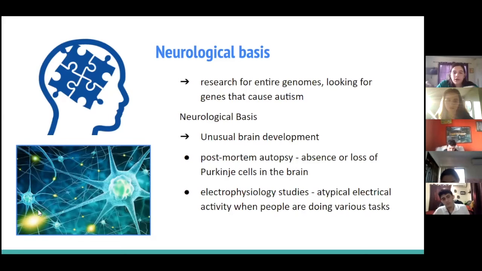This is because in multiple investigations, such as postmortem autopsies, there was an absence or loss of Purkinje cells in the brain. Usually, these cells are part of a typical human brain. Also, in electrophysiology studies, people with ASD showed atypical electrical activity when they were asked to do various tasks.